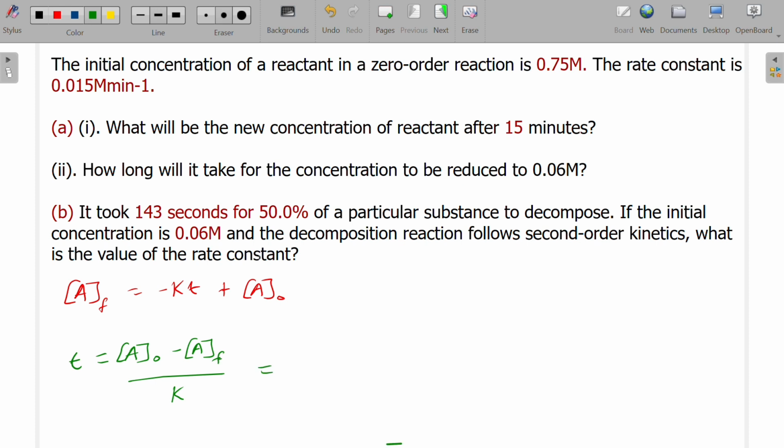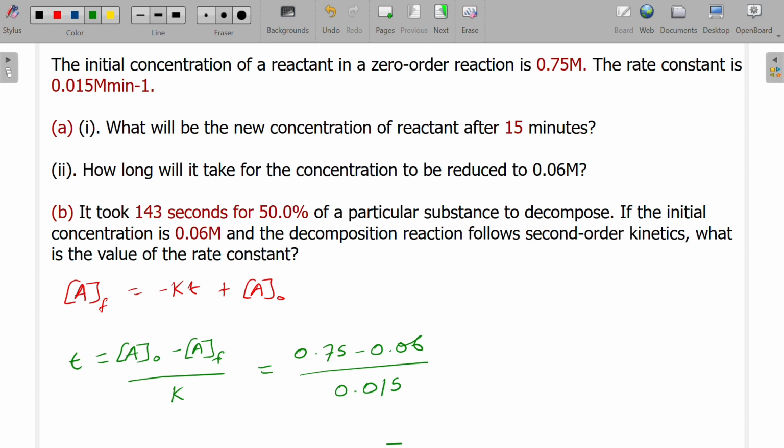Replacing in there, our initial concentration is still 0.75, and then this is subtracted by the final concentration, which they say will reduce to 0.06. And this will be divided by the rate constant, which is still 0.015.